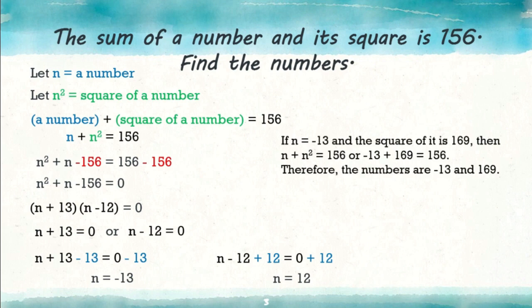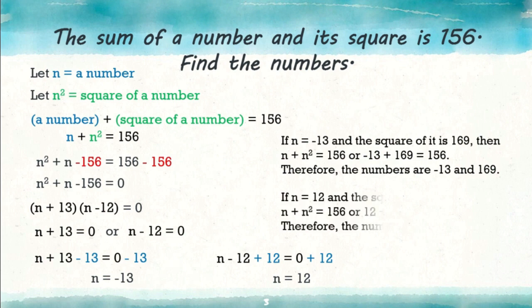So if n is negative 13 and the square of it is 169, then n plus n squared equals 156, or negative 13 plus 169 equals 156. Therefore, the numbers are negative 13 and 169.